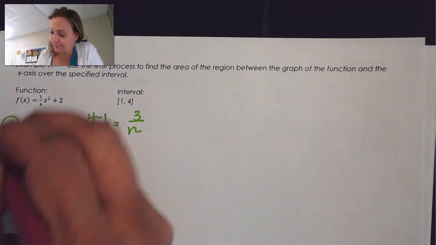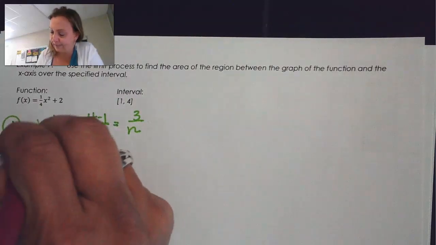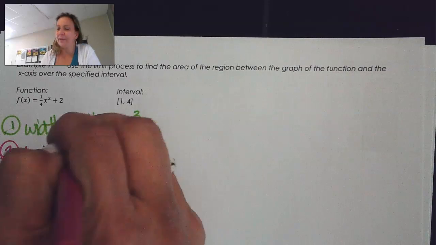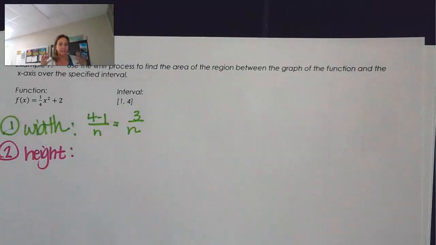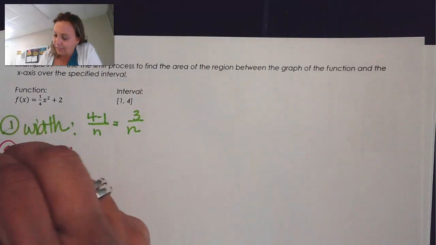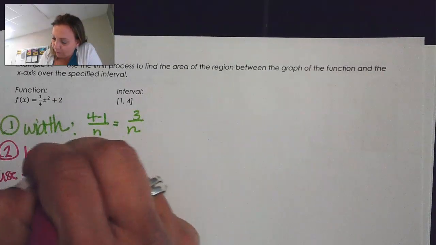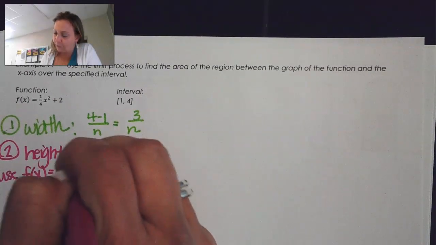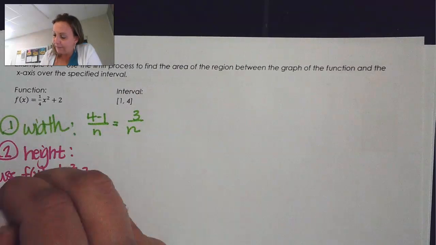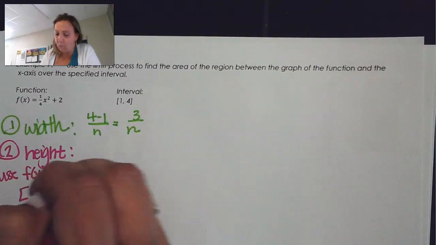So now let's take my height. And again, because we're going to be approaching infinity, we don't need to worry about what side the rectangles are on. So that's one of the nice things. Again, for the height, we're going to use that f of x equals 1/4 x squared plus 2. And remember, we're on the interval 1 to 4.